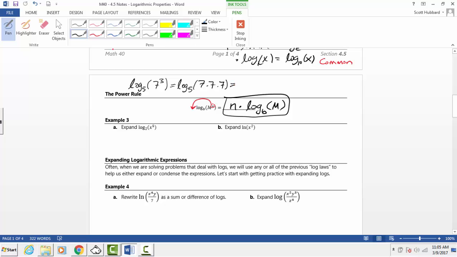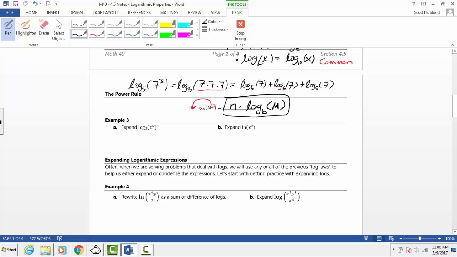But what can we do here? This is definitely just a product rule, right? We have 3 terms right here. And so this I can split up to become log base 5 of 7 plus log base 5 of 7 plus log base 5 of 7.